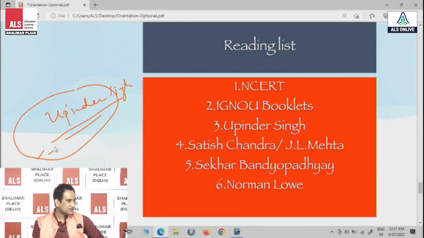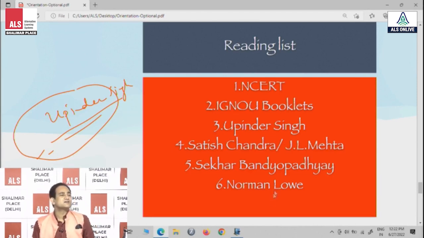Are you getting it? Otherwise I know what all you will say to me. If you want to purchase Upinder Singh, you can purchase. We would be referring to it. There are good maps given, historical sites, very colorful maps. Some boxes are given here, some stories are given here. So you have to consult and refer, but don't read it cover to cover.